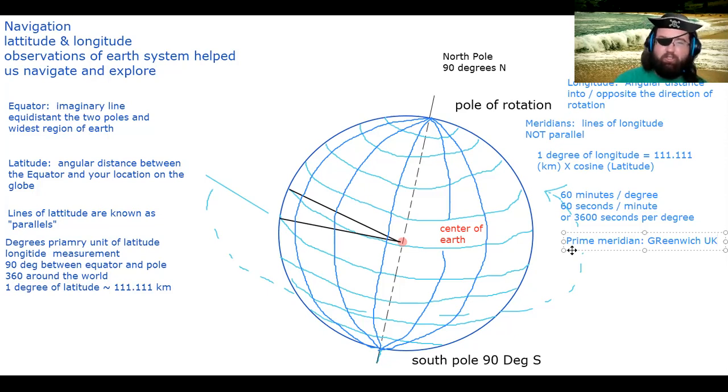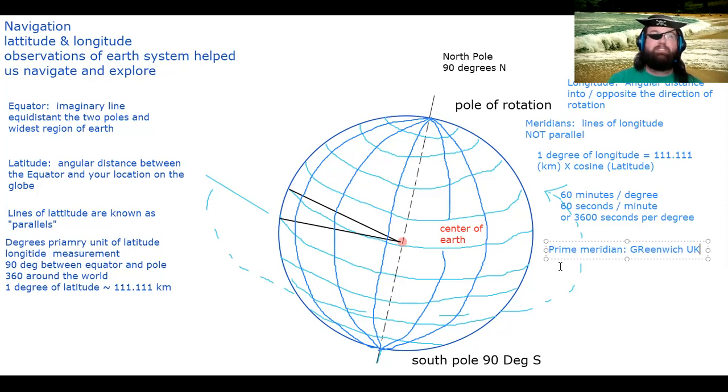It actually runs fairly close to Paris, France, and it runs through Western Africa. The reason this is used is entirely an artifact of colonialism and the fact that when this system was being standardized, England was a maritime superpower of its day. Now, this is going to be the 0 degrees east and west. And all lines of measurement are measured relative to Greenwich.